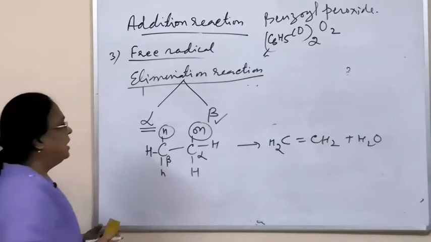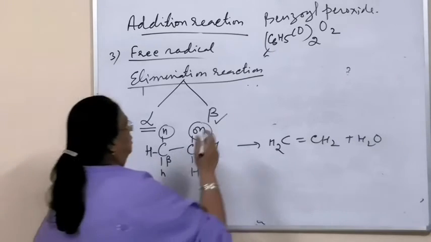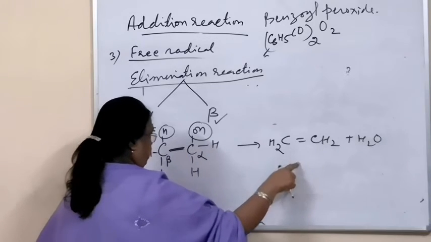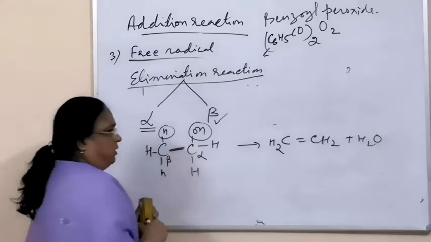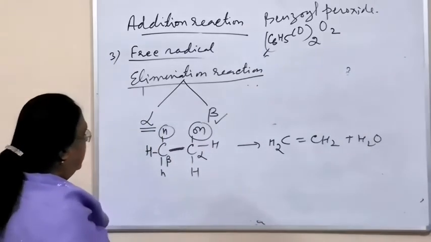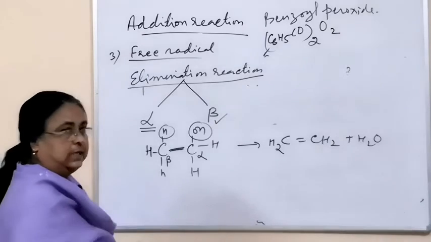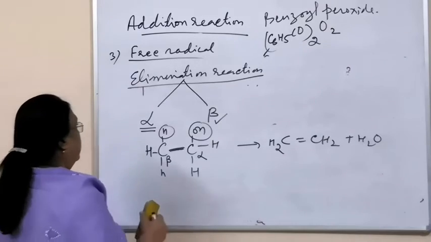As I told you, this saturated compound has turned into unsaturated. If you start with a double bond, the compound obtained has a triple bond. So saturated will be converted into unsaturated, and less unsaturated will be converted into more unsaturated.